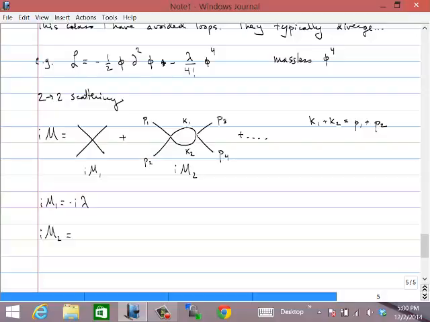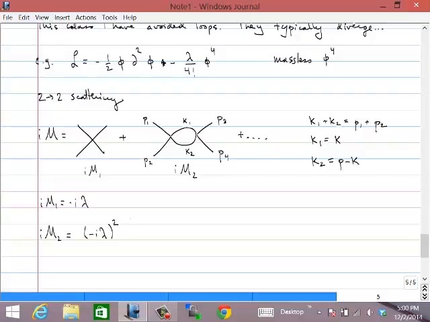So that means that, for example, you could let K1 equal K, and then K2 would have to be equal to P minus K. And the rule that we developed when we worked out Feynman rules is that all of the undetermined momenta need to be integrated over.